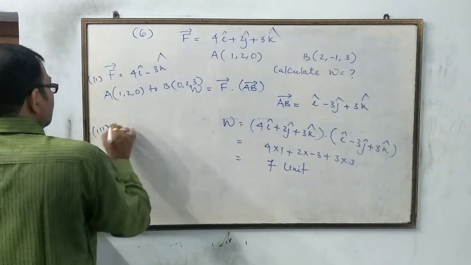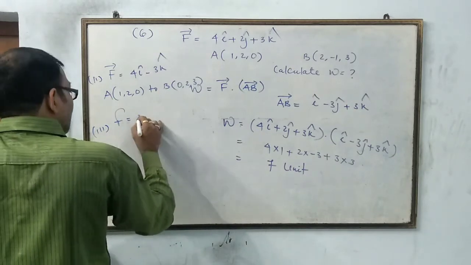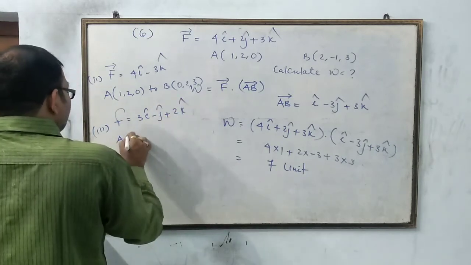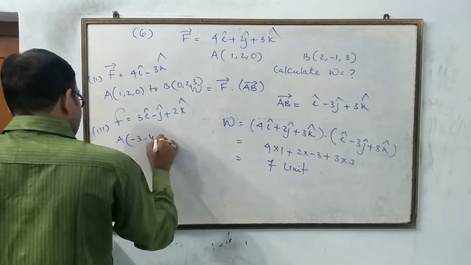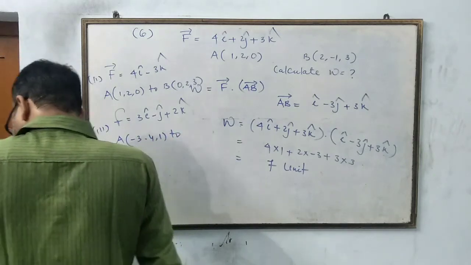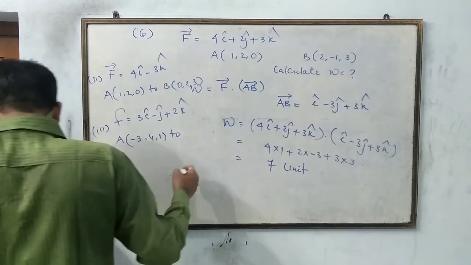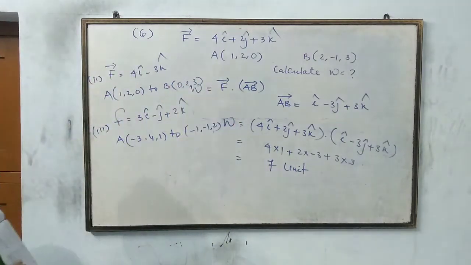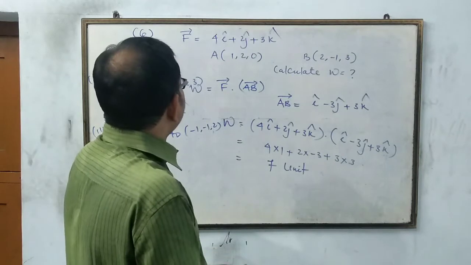Third bit: F equal to 3I minus J plus 2K, and the particle is displaced from A (minus 3, minus 4, 1) to B (2, minus 1, minus 1) or similar. We will do the same manner: F dot AB. First find AB, then find the dot product, and we will obtain the answer. Question number 6 is over.